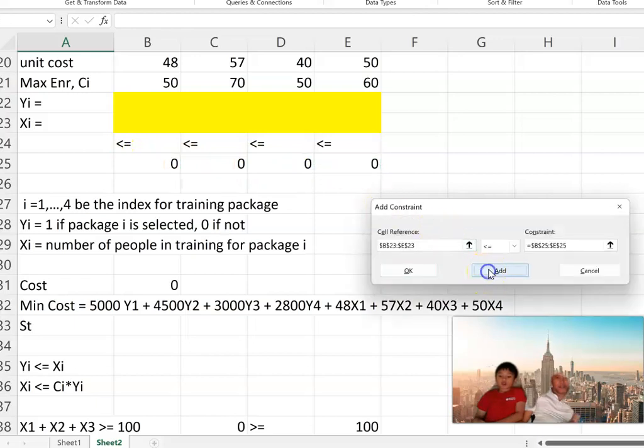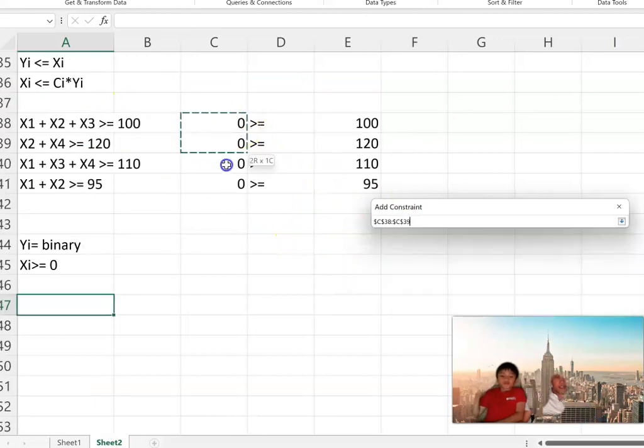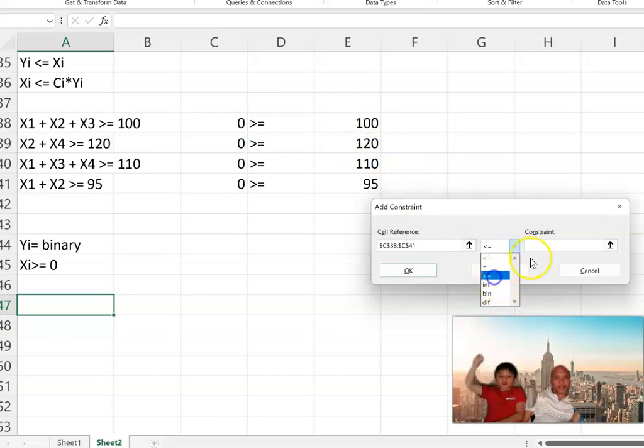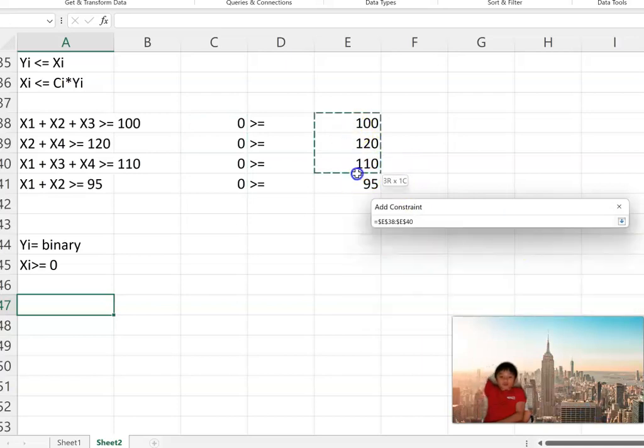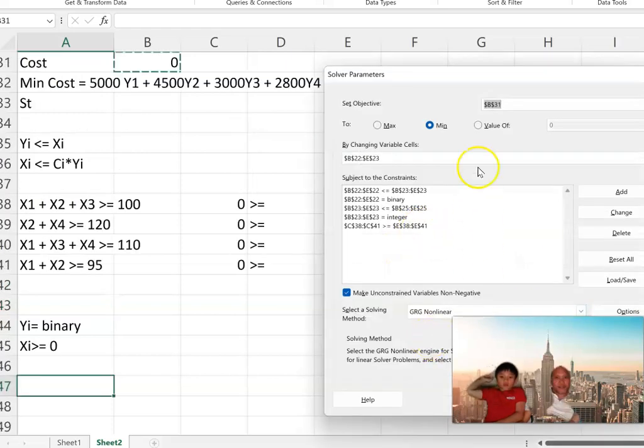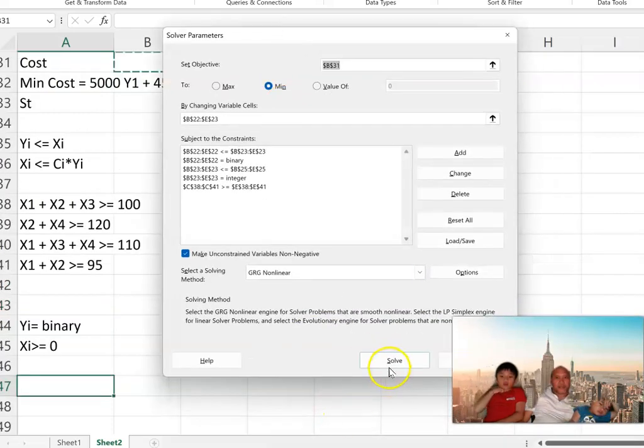The next one is yi is less than or equal to xi. And these numbers here, the minimum should be bigger than the required. So that's it, and then we click solve.